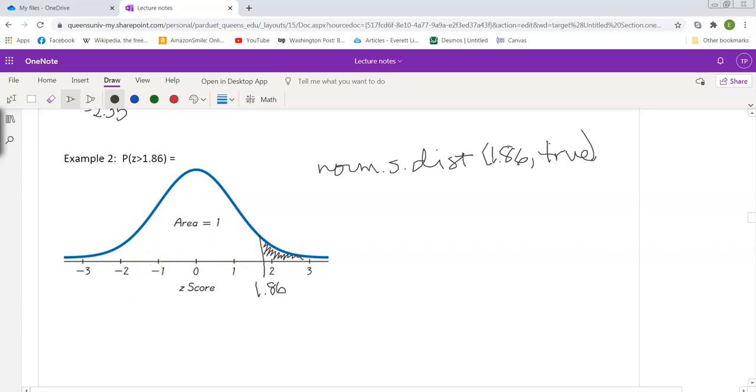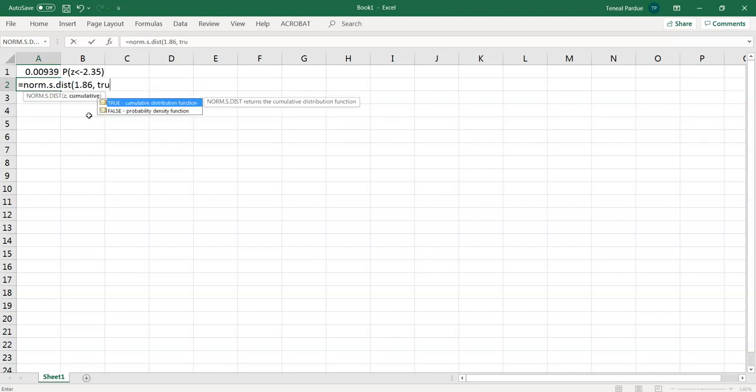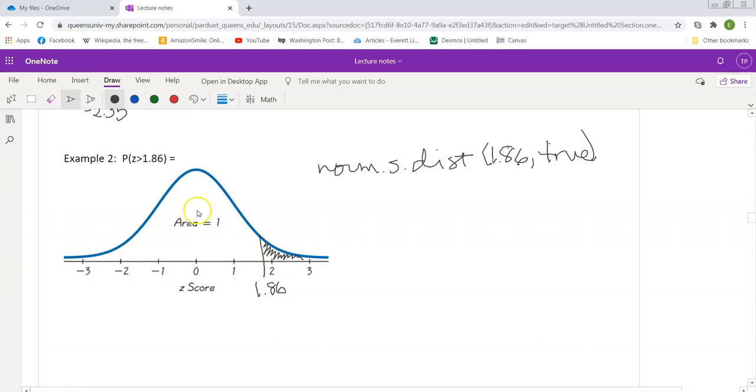In fact, let's see what that is. 1.86 true. That should be a large value before I hit enter. This is going to be a large value because that's giving me the area to the left of it.